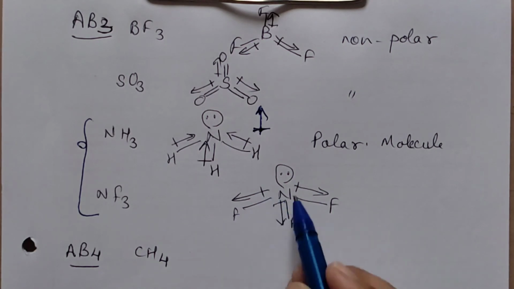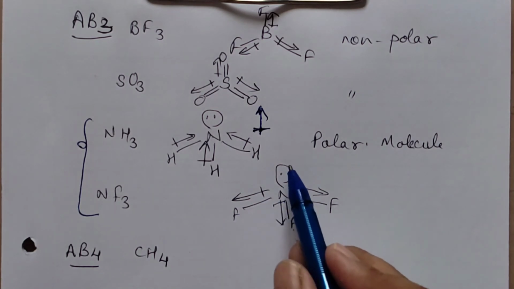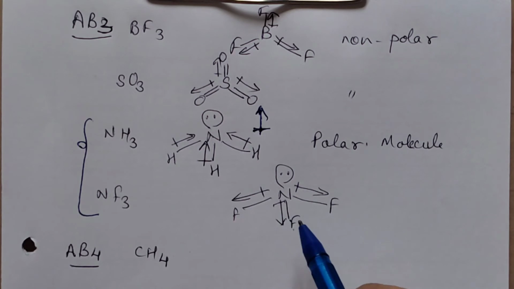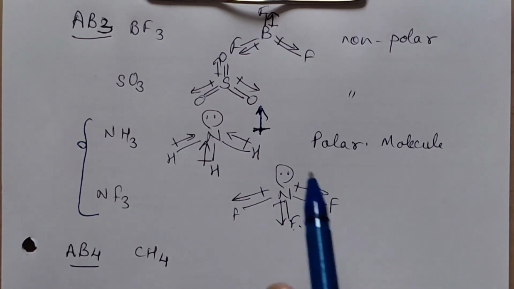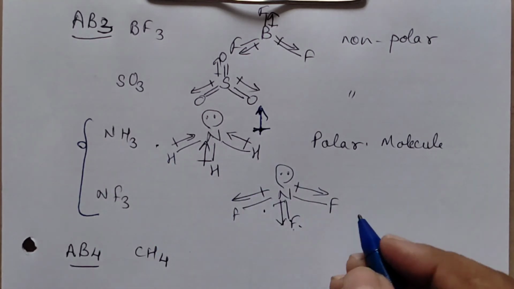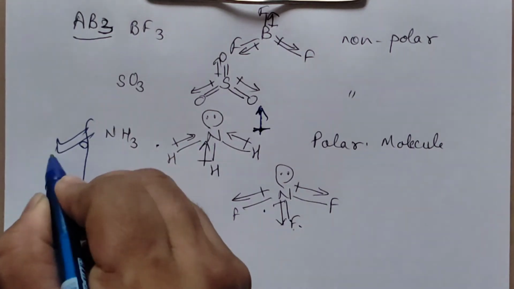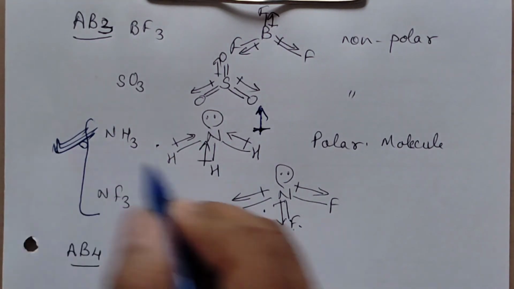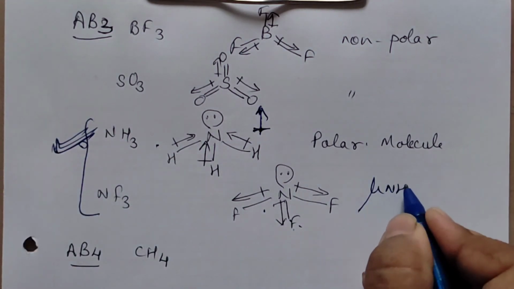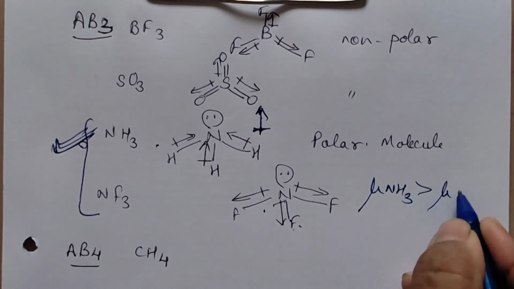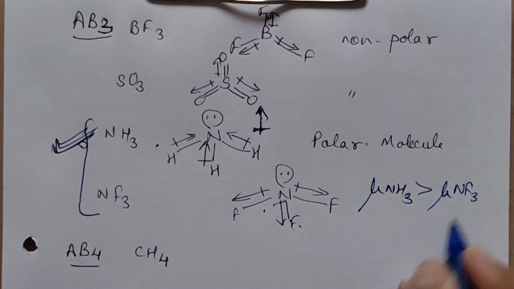In NF3, these three are down and this is on the top. The net resultant dipole moment is there but lesser than ammonia. So we will say that ammonia has more dipole moment. Dipole moment of NH3 is greater than the dipole moment of NF3. It's an important question asked.